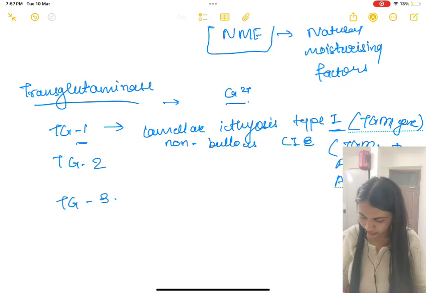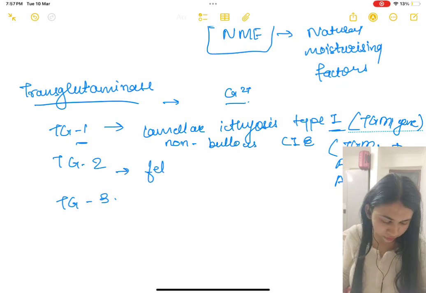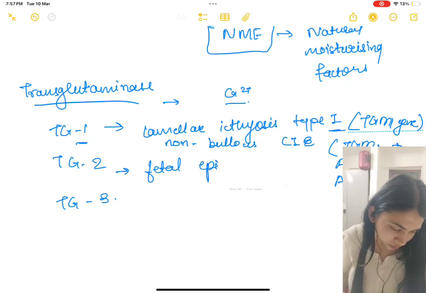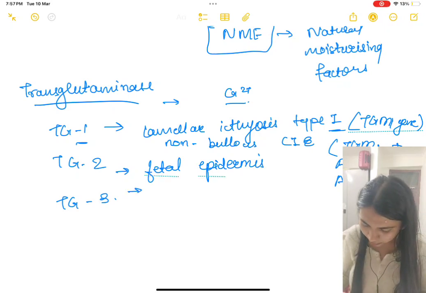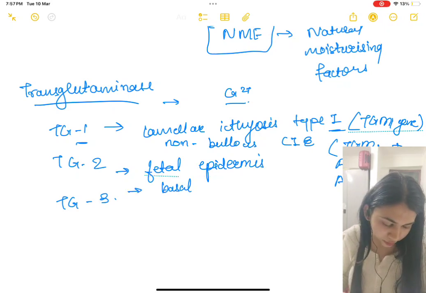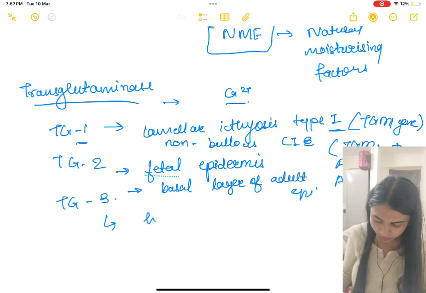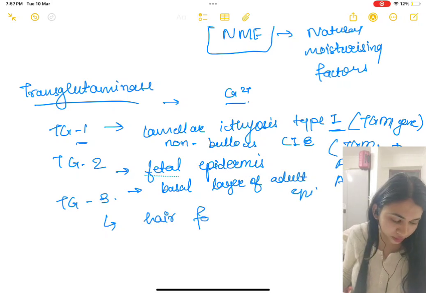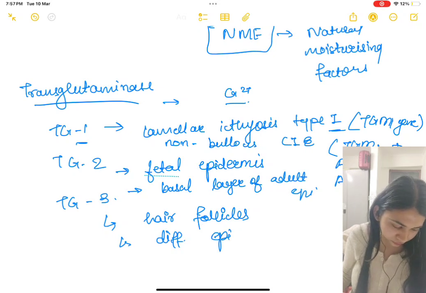This is your TG1. Now transglutaminase 2 is present in fetal epidermis, and it will also be seen in the basal layer of adult epidermis. Then you have transglutaminase 3, which is present in hair follicles and differentiated epidermal cells.